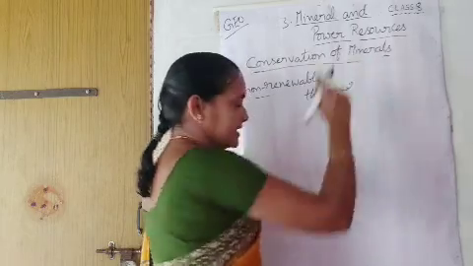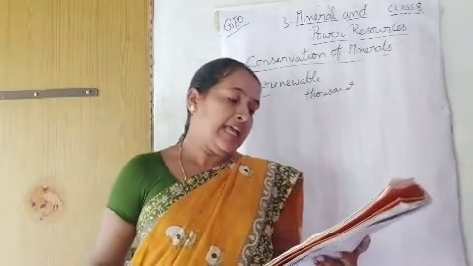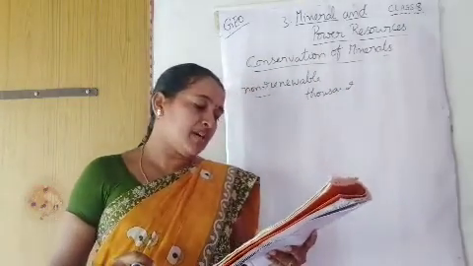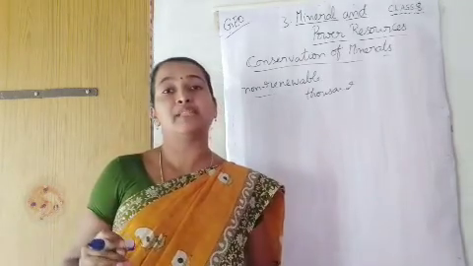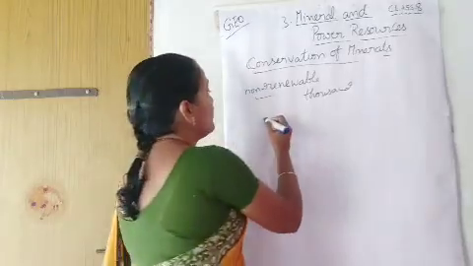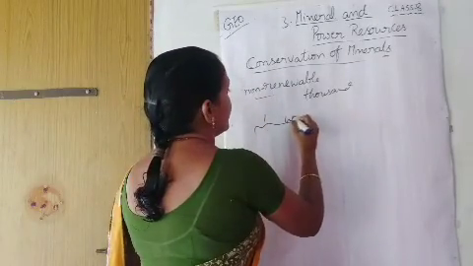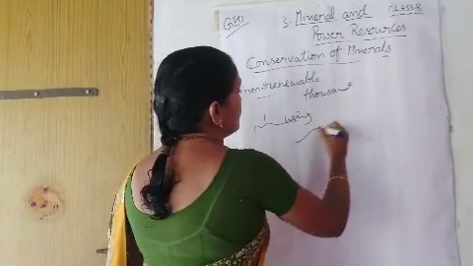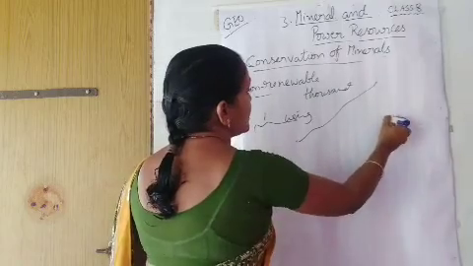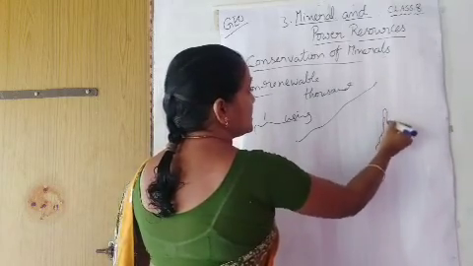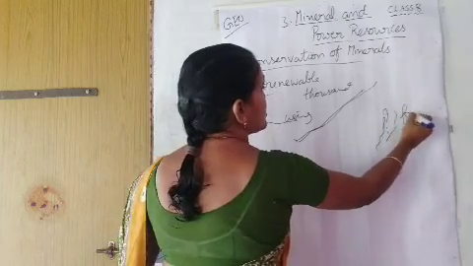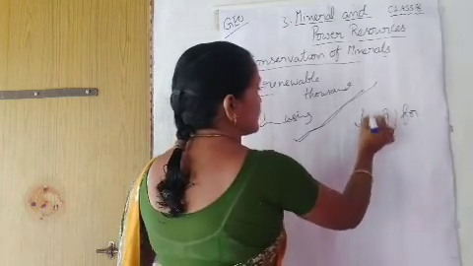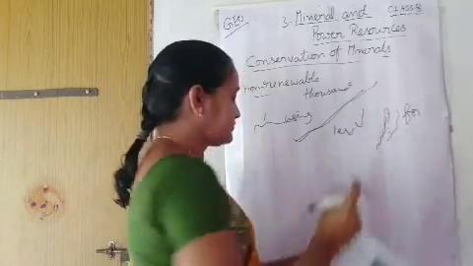The rate of formation is much smaller than the rate at which humans consume these minerals. The way in which we are using them is more, and the formation is very less compared to the use.